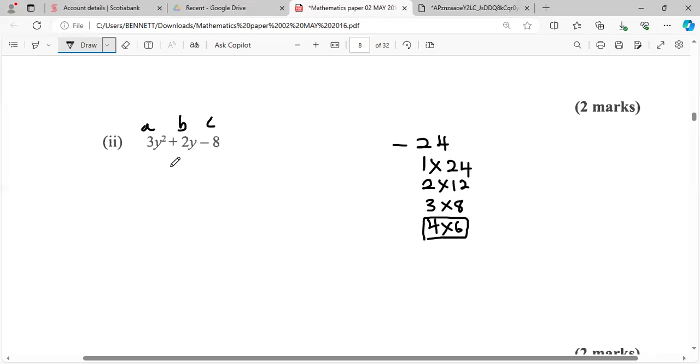But we have to set it up in such a way that we get positive. So what we do, guys, we just simply put 3y, and the 6 will have to be positive because the middle term is positive. You know it already, guys.